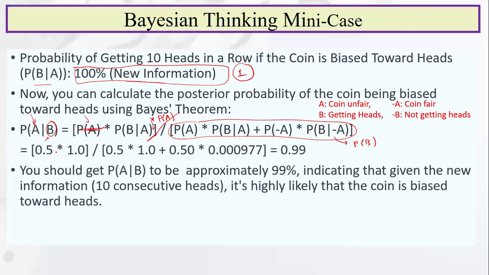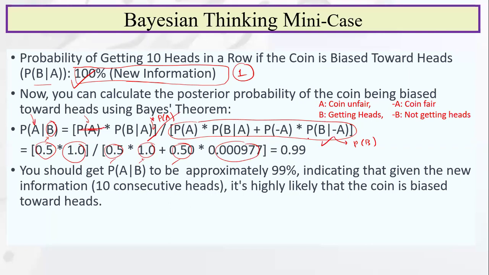The a priori probability is 0.5, 0.5 for fair and unfair coin. The probability of B given A is 1 because you think that it is going to happen all the time, so 100%. And the probability of A, the unfair coin, and A dash, the fair coin, are each 0.5.